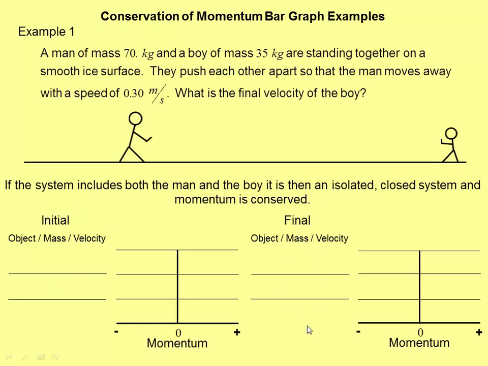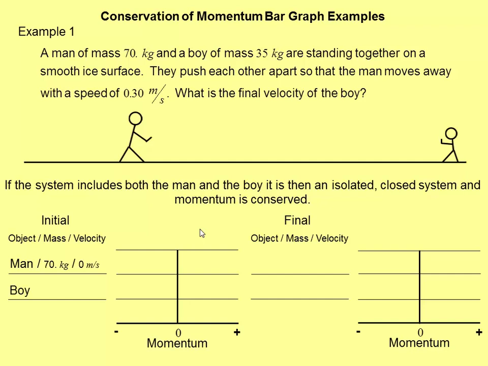So let's go through here our objects in our system. We have the man. The man has a mass of 70 kilograms, and his initial velocity, 0. Because he's starting from rest, and he has a 0 initial velocity, his initial momentum is also 0.